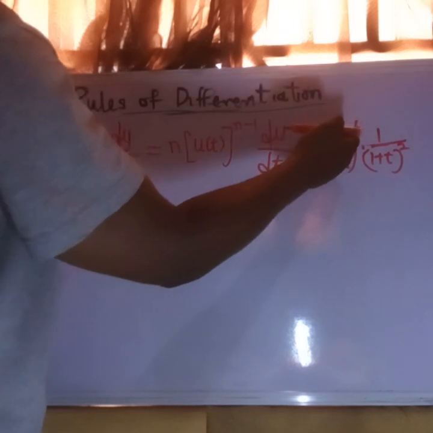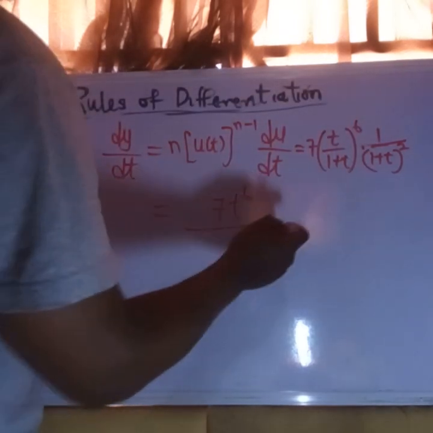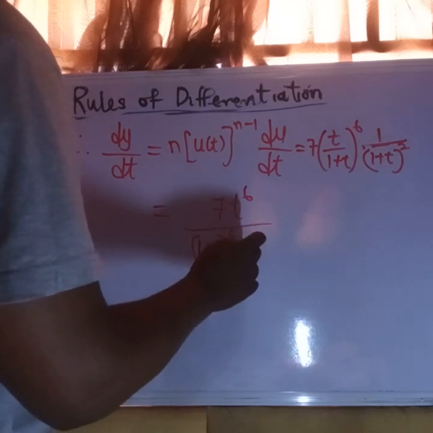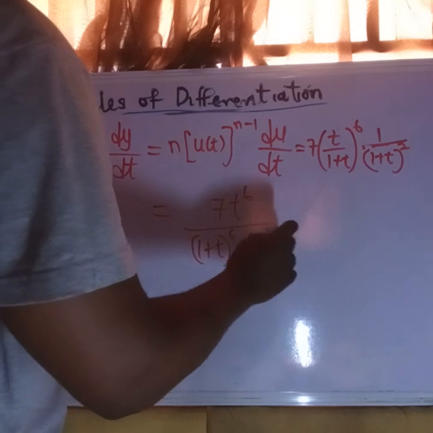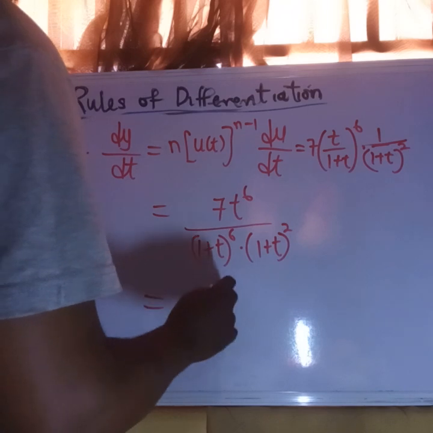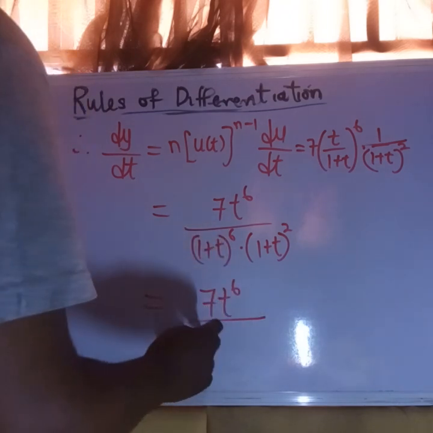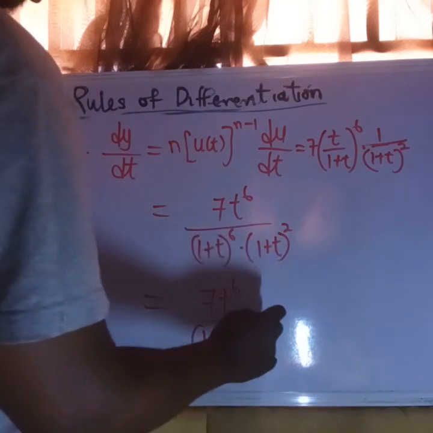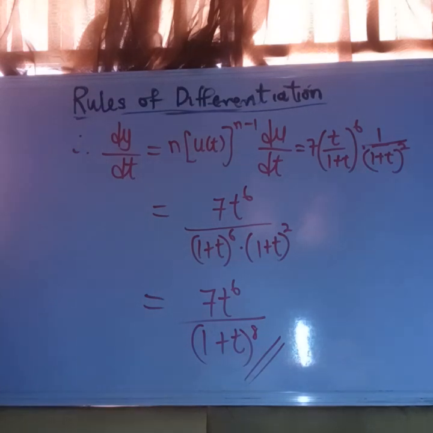This power goes for the numerator and it's also good for the denominator. This will be 1 plus t to the power of 6 multiplied by 1 plus t raised to the power of 2. Accordingly, this is 7t to the power 6 over 1 plus t to the power 8. By law of indices, you can combine this to get this. So here is the slope of the function y equal to t over 1 plus t raised to the power of 7.